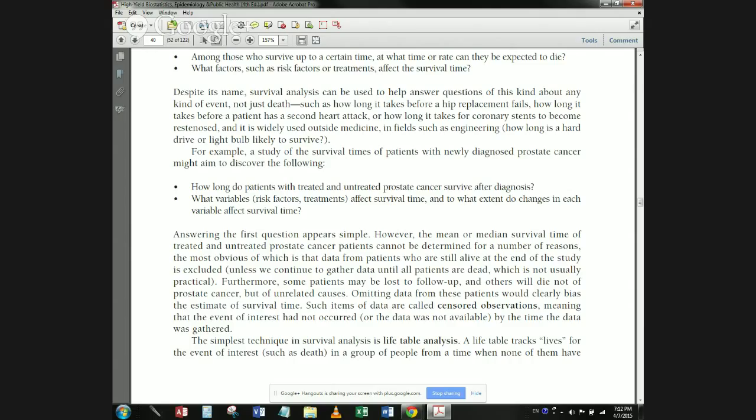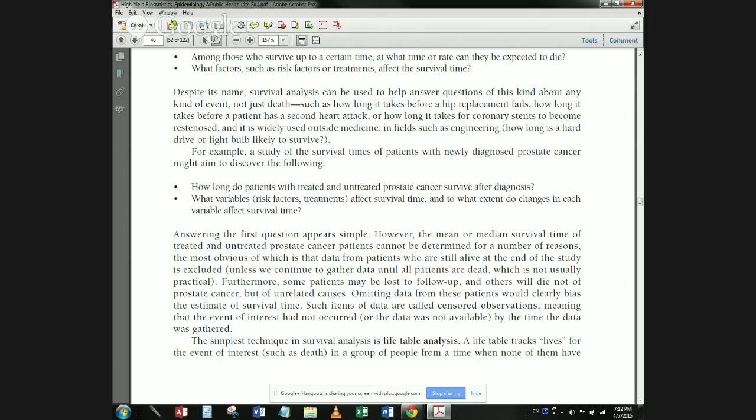Answering the first question appears simple. However, the mean or median survival time of treated and untreated prostate cancer patients cannot be determined for a number of reasons, the most obvious of which is that data from patients who are still alive at the end of the study is excluded unless we continue to gather data until all patients are dead, which is not usually practical.